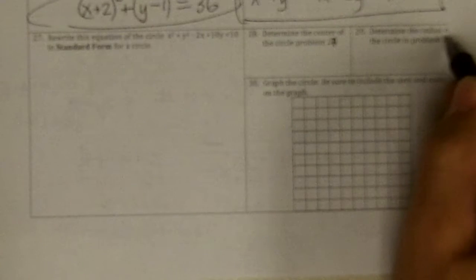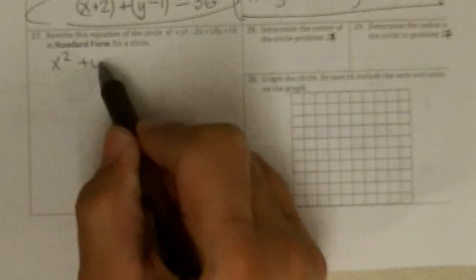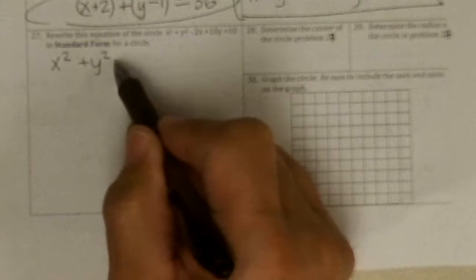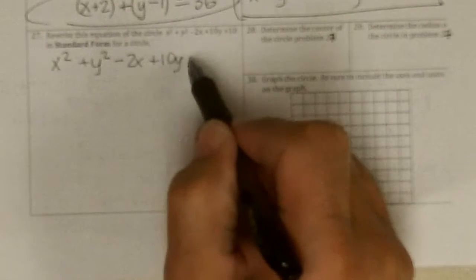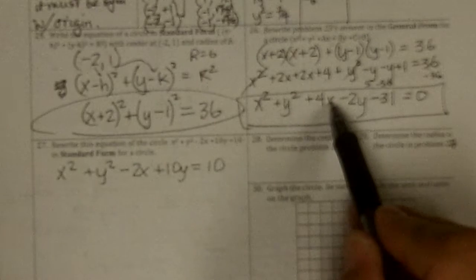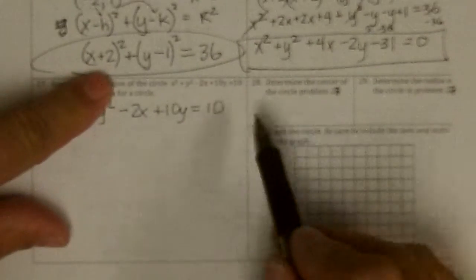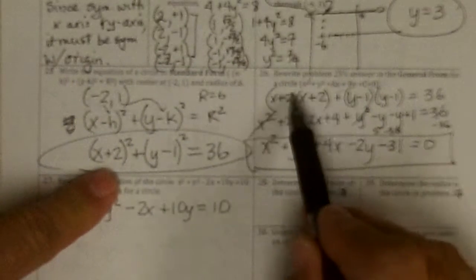Now I messed up here where these are supposed to be 27 on both of these. So let's do this. I had x squared plus y squared minus 2x plus 10y equals 10. Now just like in this problem, this is 4x, so that meant it was x plus 2 originally, and so the center was at minus 2.